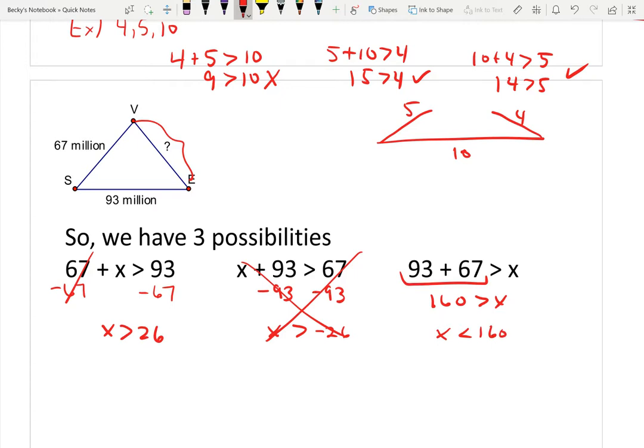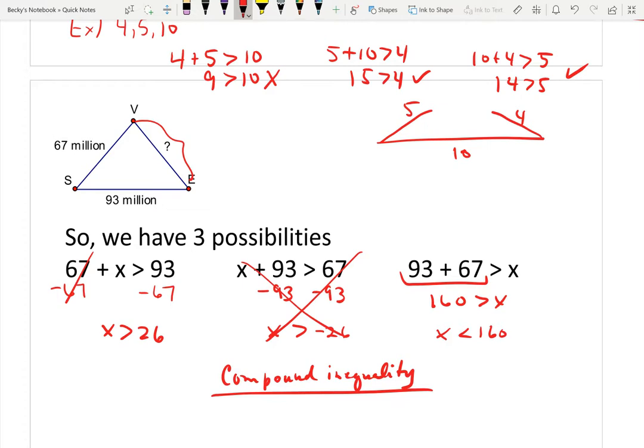Okay. Now, typically, what we're going to do is write a compound inequality. What this means is we are going to write a mathematical statement that shows what that third side could be for Venus to Earth.